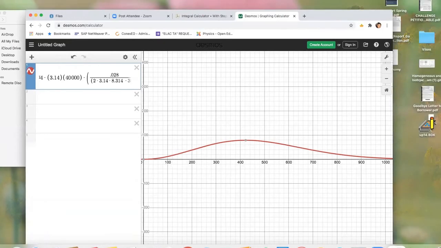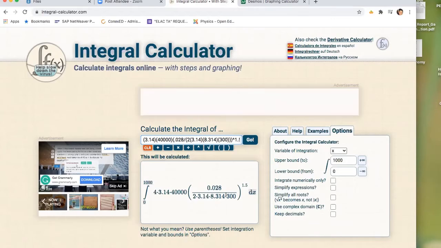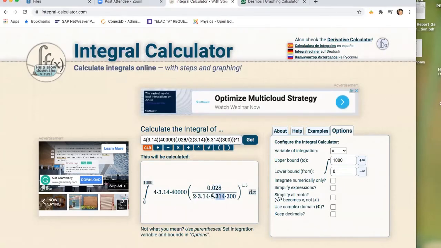Let's copy this. Now that I have it correct, I think the integral should work. 0.028, close one more parentheses. Yeah. So 4 pi times n times 0.028 over 2 pi. This is the molar mass, gas constant, the temperature, 1.5 times what?